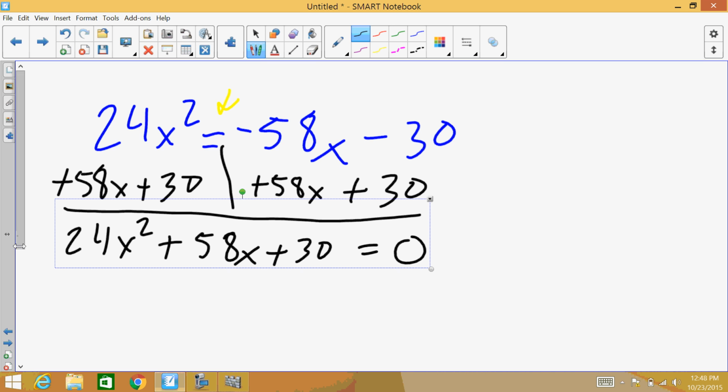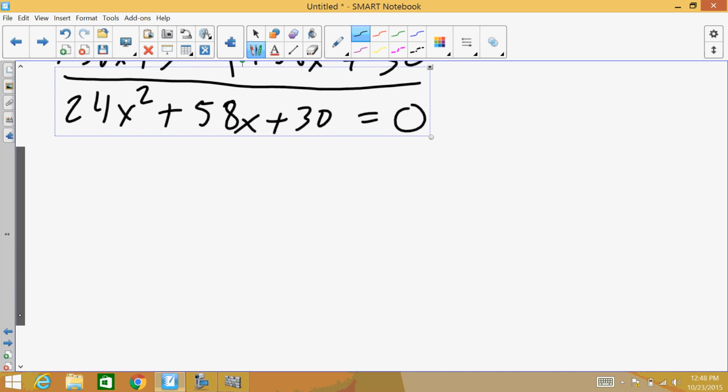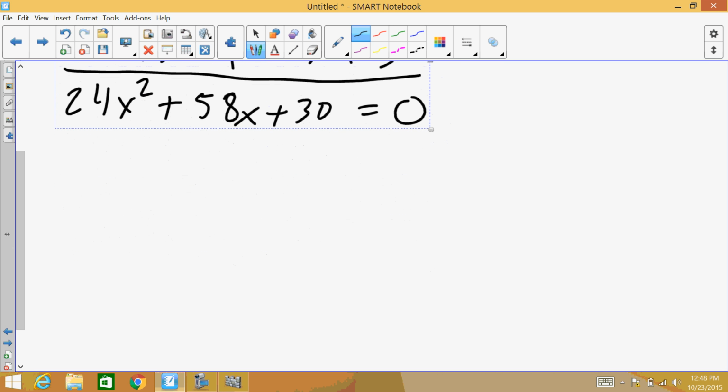Now once I get this far, I'm going to go ahead and factor my quadratic, just like we did in previous days. So I'm looking at all three terms and I see that there's a greatest common factor of 2. So I'm going to bring a 2 out front. So 2 comes out front, 12x squared plus 29x plus 15, still equal to 0. What's kind of nice, before we had to bring that 2 along.